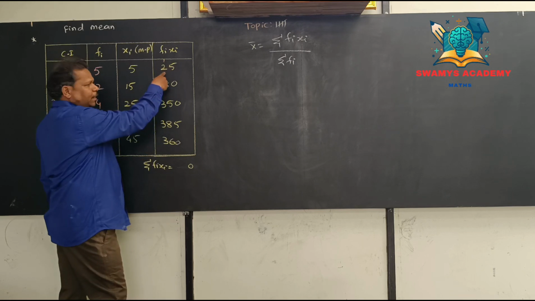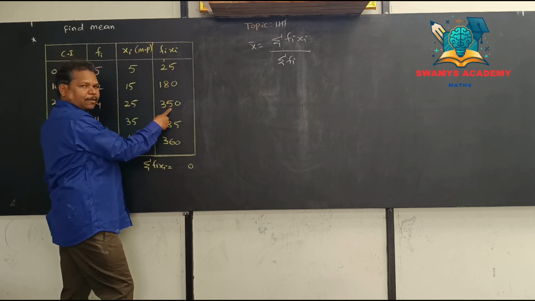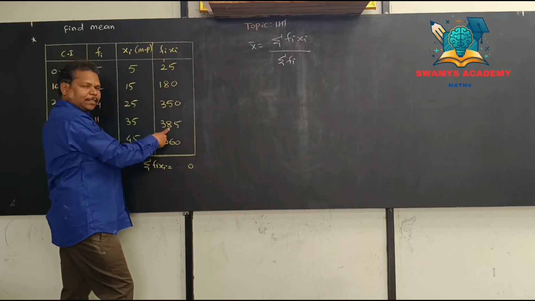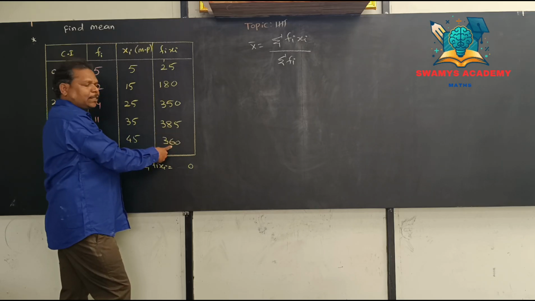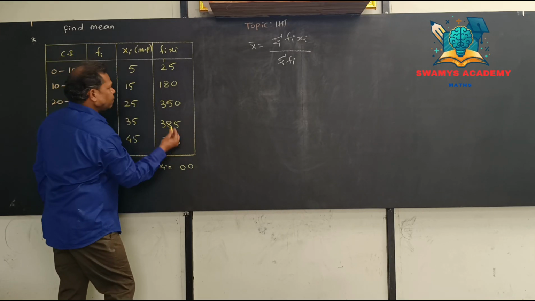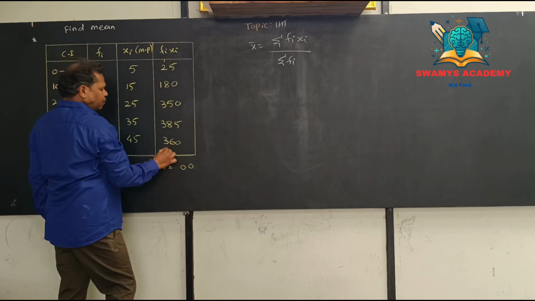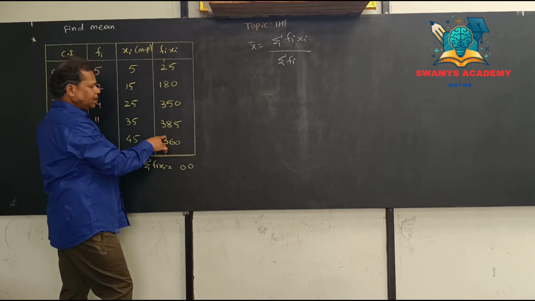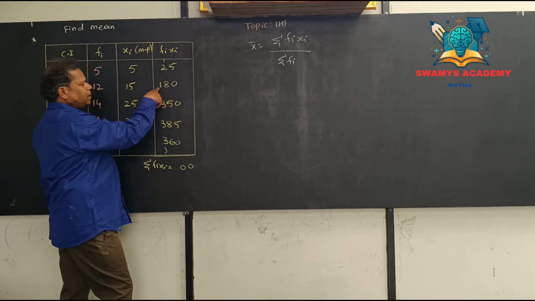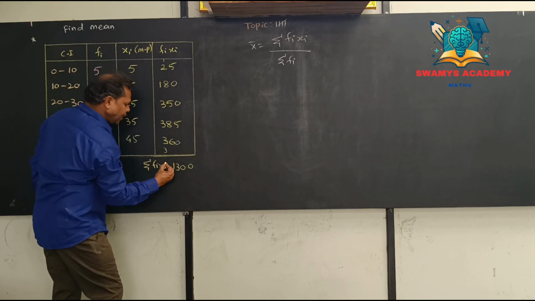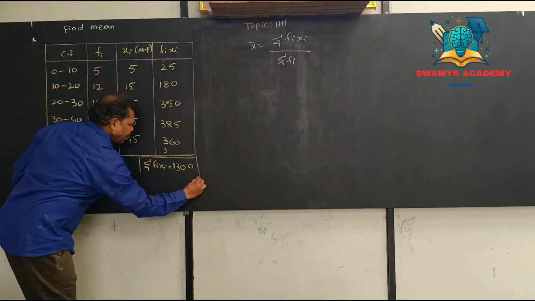Next 1 plus 2, 3. 3 plus 8, 11. Plus 5, 16. Plus 8, 24. 24 plus 6, 30. 0, 3 carry. So 3 plus 3, 6. 6 plus 3, 9. 9 plus 3, 12. 12 plus 1, 13. So the total answer, sigma fi xi, is 1300.